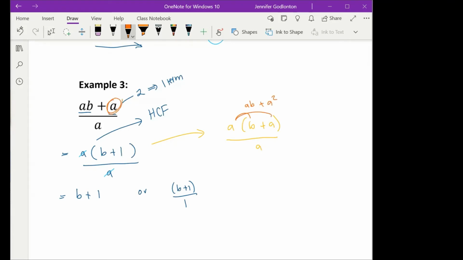And that's not what this is. It's not an a squared, it's just an a. So you've done something well by taking out the right highest common factor, but you didn't write what was in that bracket correctly. So you probably would lose 1 mark in the test.